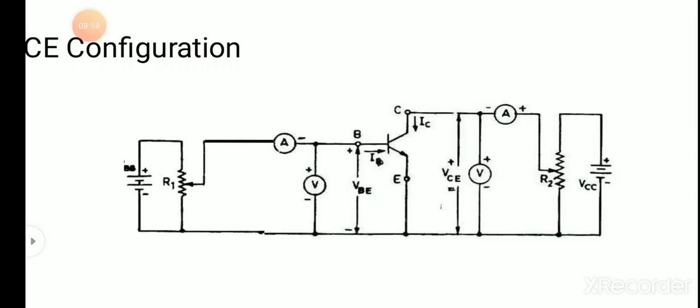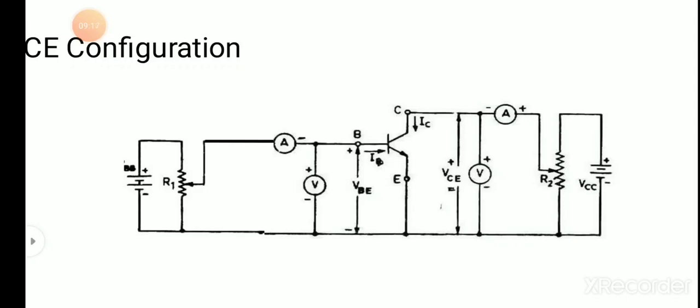So the transistor is called a current control device. The FET is called a voltage control device, I think.